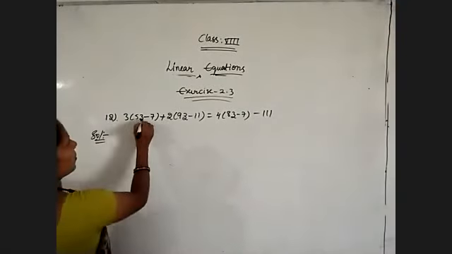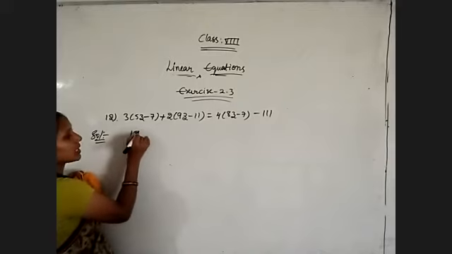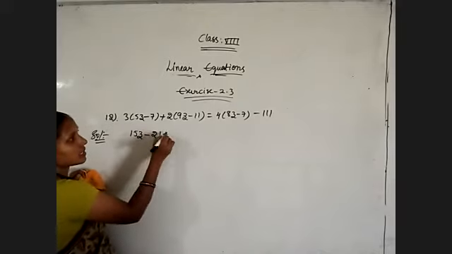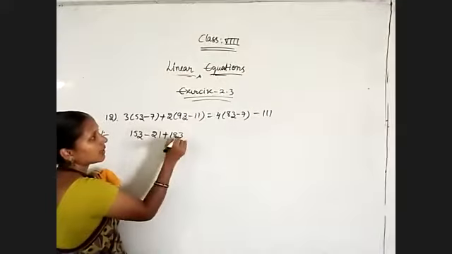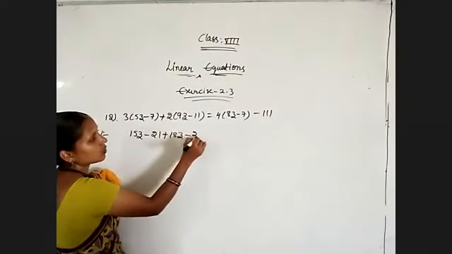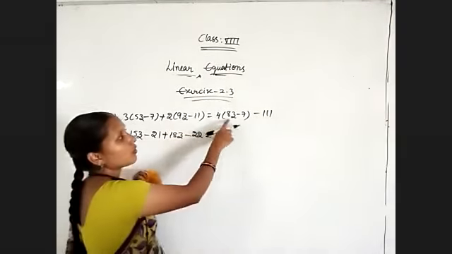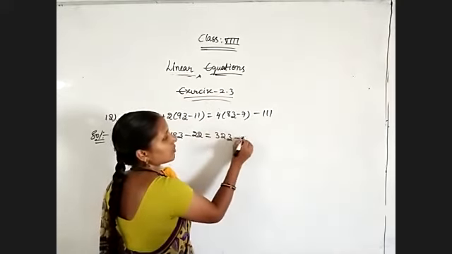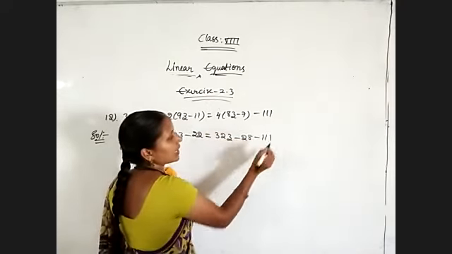So now 3 5s are 15z minus 3 7s are 21 plus 2 9s are 18z minus 11 2s are 22 is equal to 4 8s are 32z minus 4 7s are 28 minus 111.